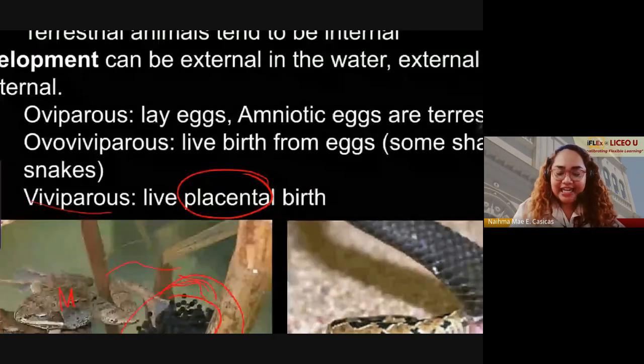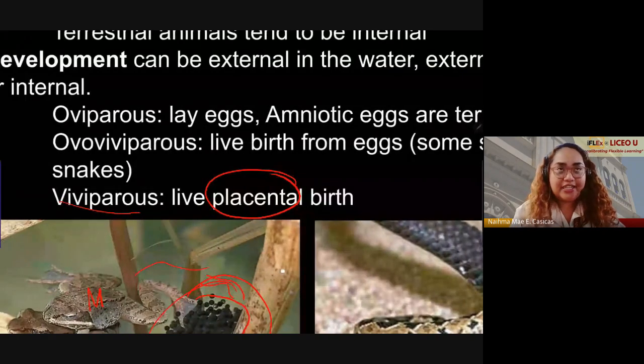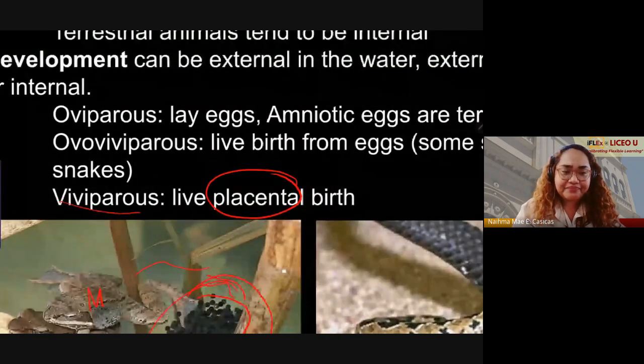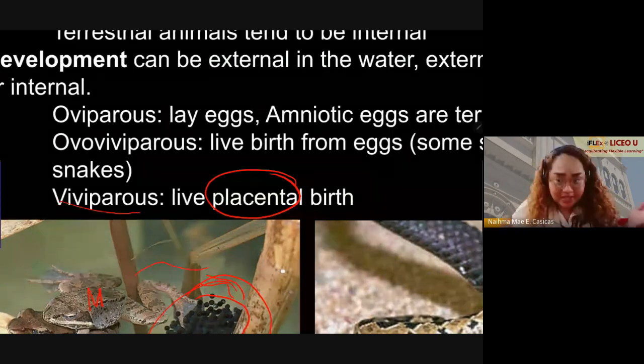Another is in the case of your birds. In the case of your birds, like your chickens, your ducks, and etc., they lay eggs, right? Because if they have their offspring situated inside of their bodies for months, it will be counterintuitive for them because the birds will need to fly.